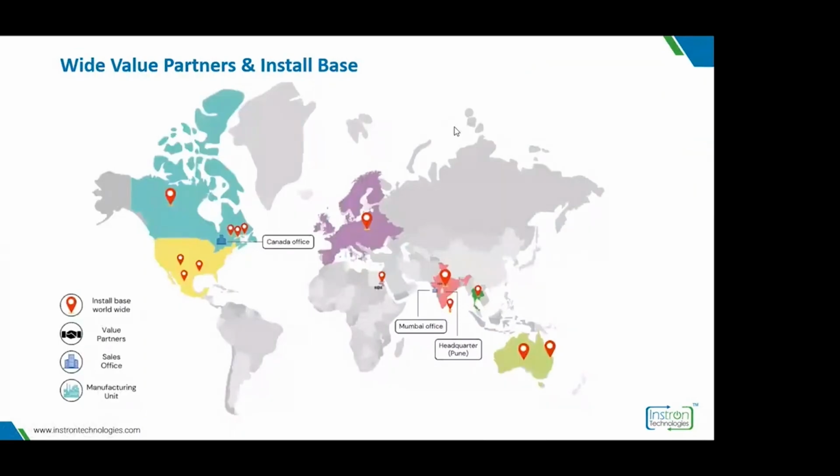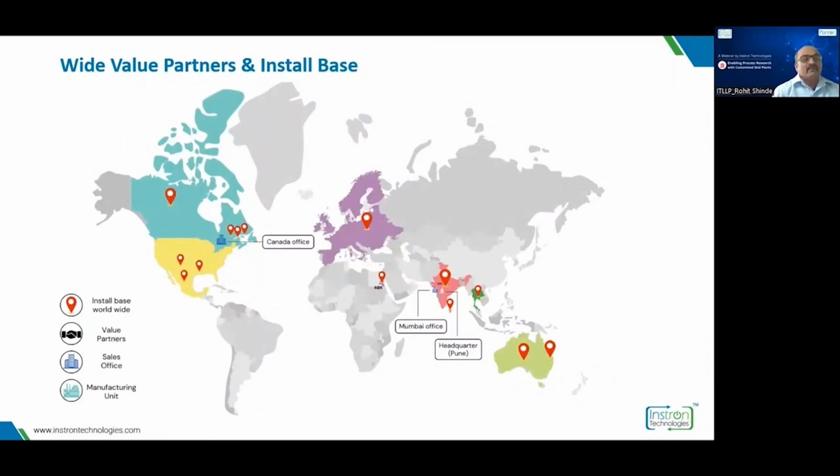Let us take a closer look at our value partners and the extensive install base that stands as proof of the trust placed in Instron Technologies. These strategic tie-ups and installations are not just numbers, they reflect the collaborative relationships we have cultivated. Instron Technologies has a global presence with installations in more than 6 different locations worldwide.